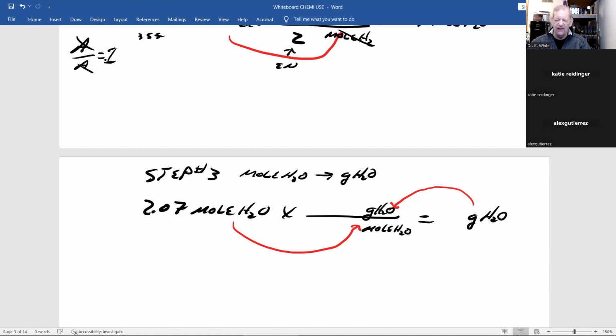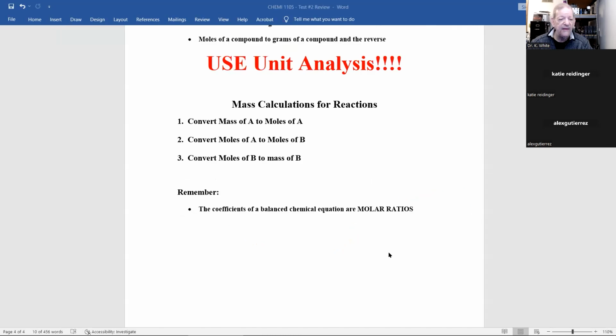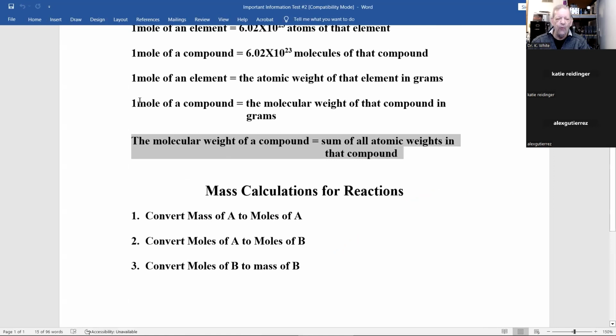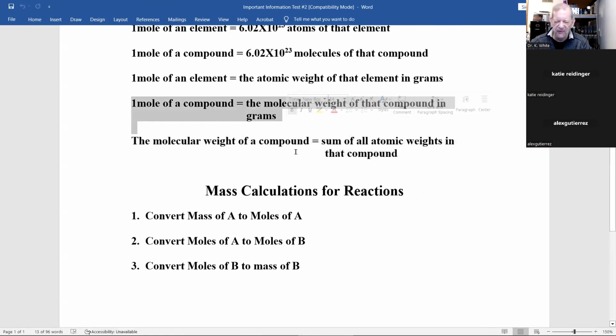And where do we get a relationship between grams of water and moles of water? We look at the important info for test number 2. Let me get the right one. All right. 1 mole of compound equals the molecular weight of that compound in grams.